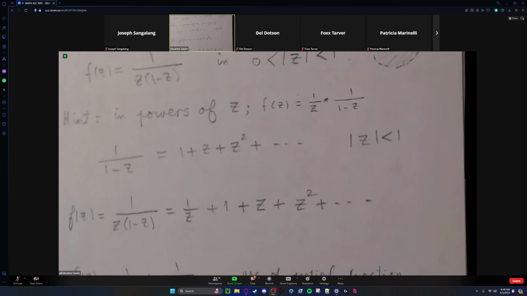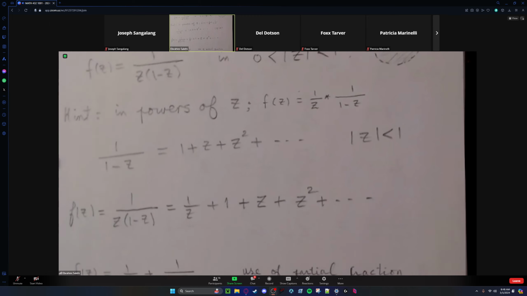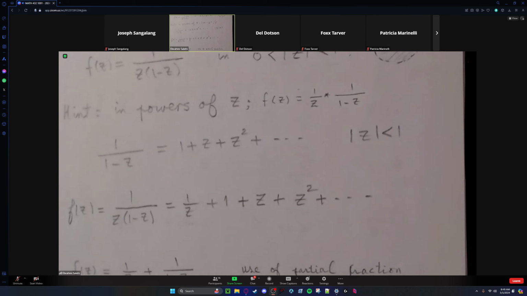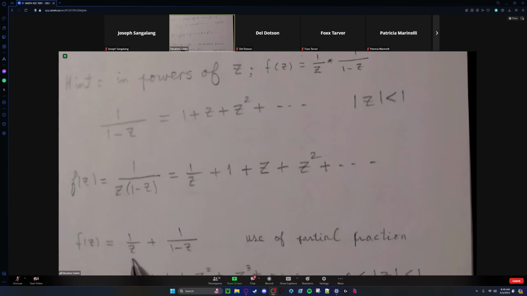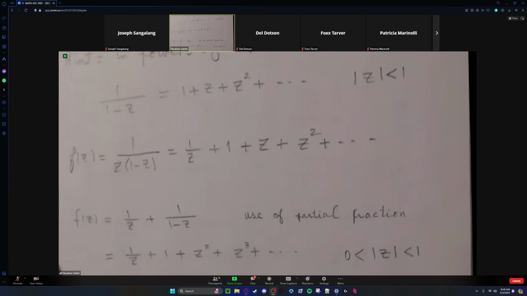There is another way, of course. We can use partial fractions. If we do partial fractions on this function right here, this is what we get. So it is 1 over z plus this part. And now, since modulus of z is less than 1, we can replace this one by that geometric series right here.